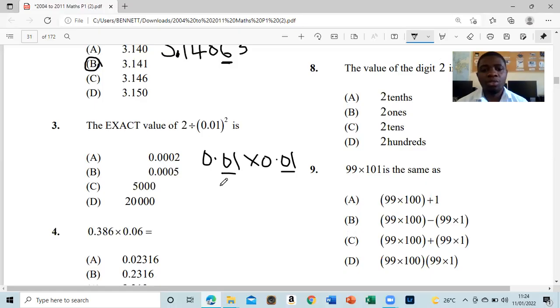So it will be 0.0001. And then we're going to convert this to 1, because we cannot divide by a decimal, so it will be 1, 2, 3, 4. And we'll do the same for 2, right? So that would give us 20,000 divided by 1, which is the same as 20,000. All right?